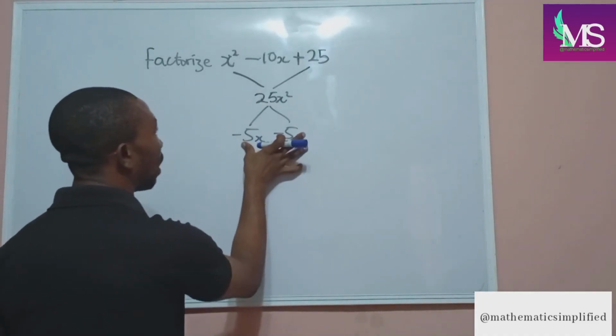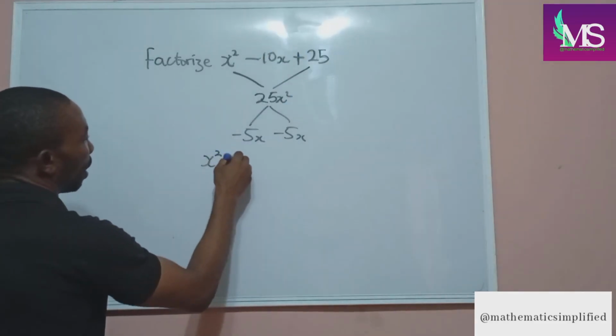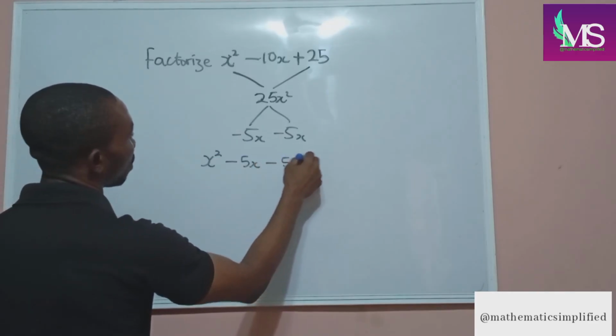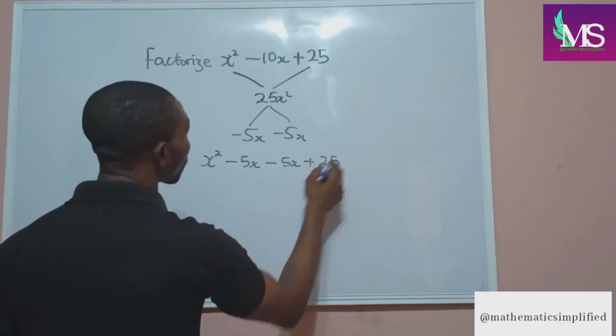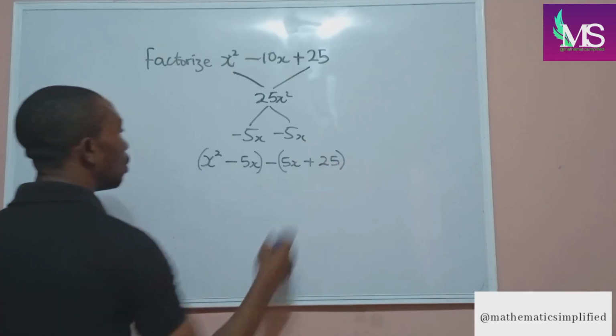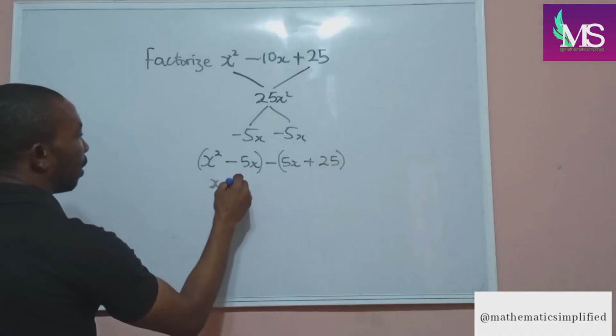Now, substituting these values for 10, we are going to have it as x squared minus 5x minus 5x plus 25. Okay, now grouping these two together, what's common here is x.